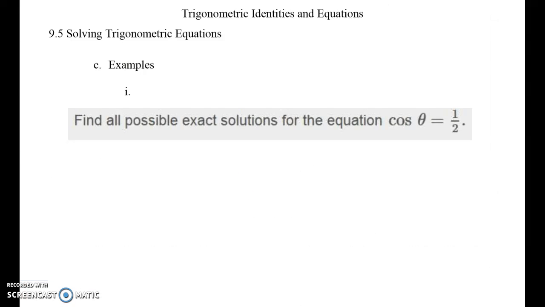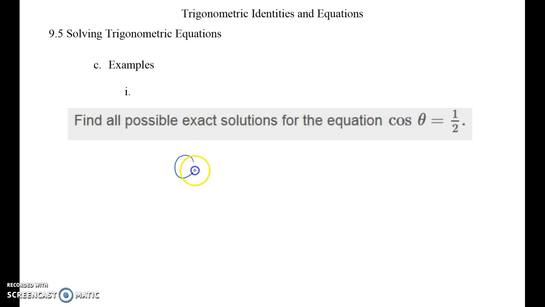So let's start here and look at finding some possible exact solutions for this equation. We need to make sure that we remember what we're working with, and we remember our unit circle as we go through some of this. If you remember from your unit circle, looking at it and finding where cosine theta is equal to 1/2, you definitely want to have your unit circle completely filled in and handy as we work through this section.